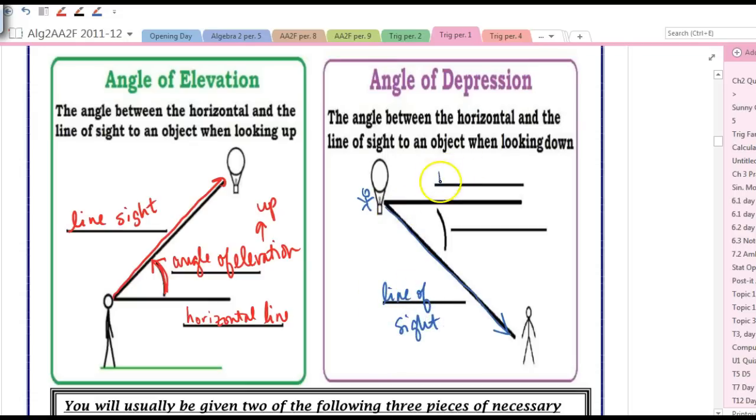And here's the horizontal. So again, in these instances, you always have a horizontal. And this guy here then is the angle of depression. Start at the horizontal, go down. The other one is start at the horizontal, go up.